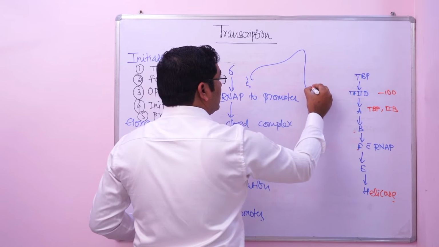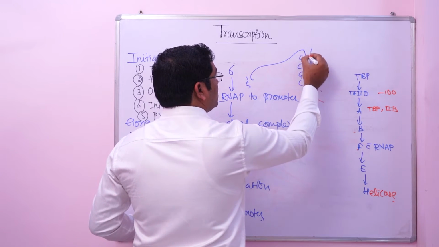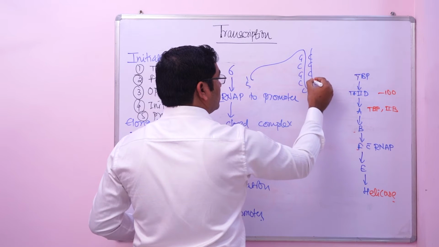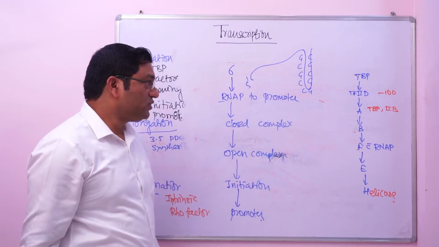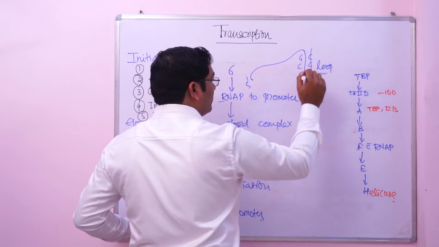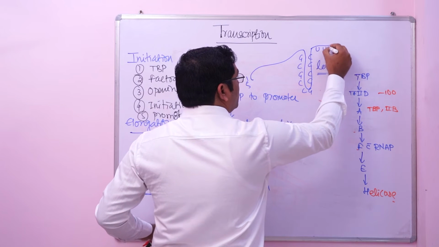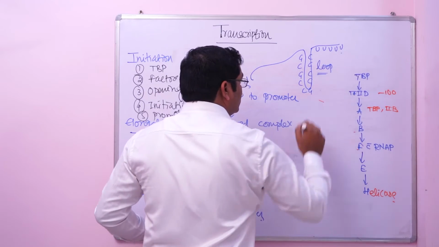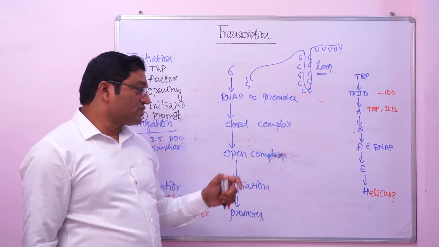There is a GC rich region, so due to this GC rich region, there is hairpin or loop formation, and it is followed by poly U. So it is an intrinsic signal for termination of transcription process.